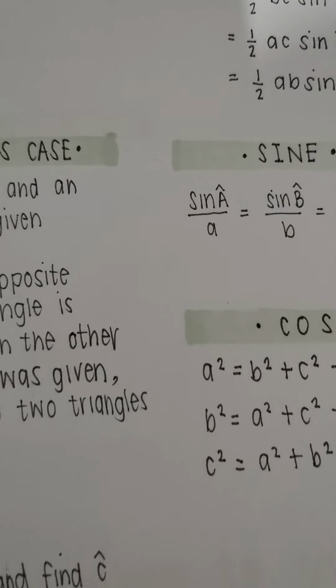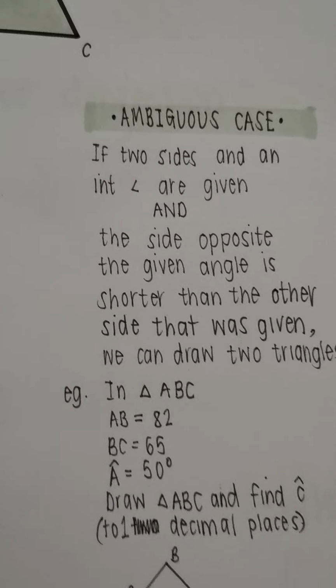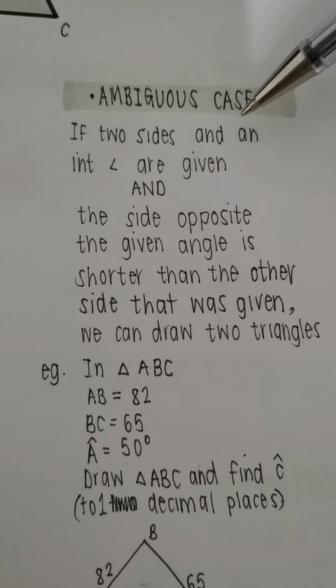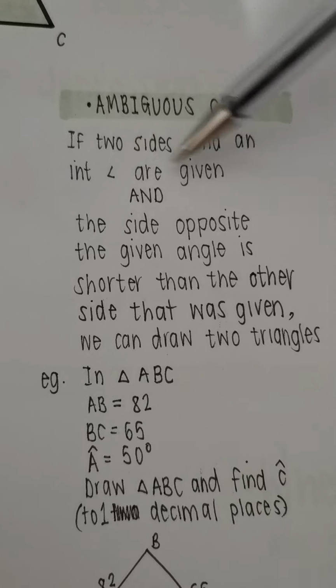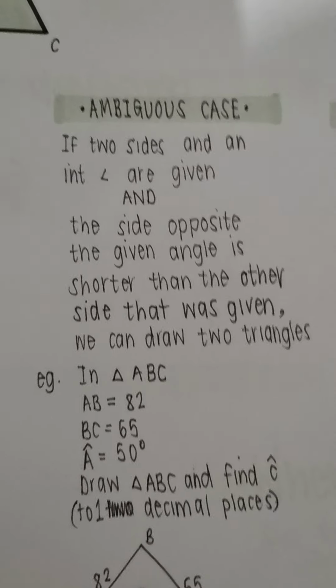With the sine rule, we also have something called the ambiguous case, which is what I've written here for you. If two sides of a triangle and an interior angle are given, I'm going to scribble on my page. Here's my triangle.